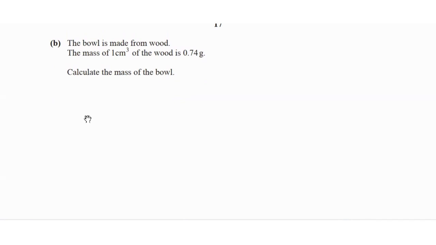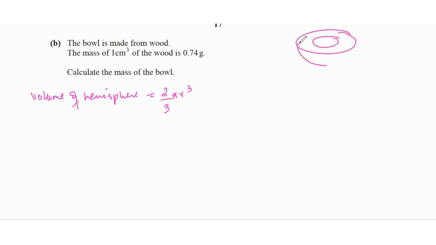So what we do is we need to find the volume of the wooden bowl. The volume of a hemisphere is 2/3 pi r cubed. If you remember the shape, there's a small hemisphere and then there's a large hemisphere. For the large hemisphere, the radius was 10, and for the small hemisphere, the radius is 8.